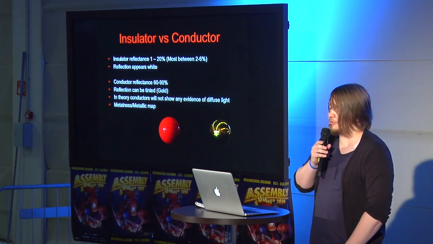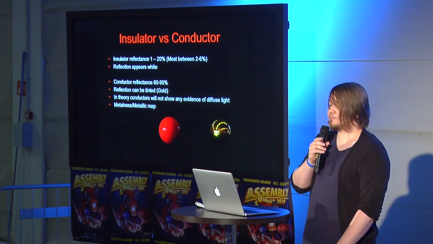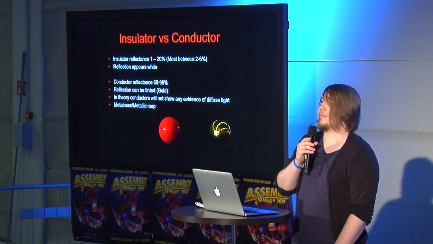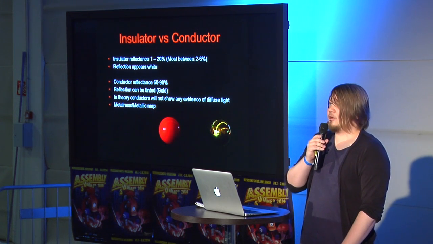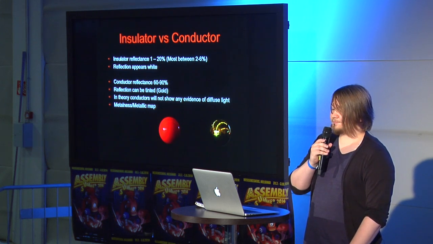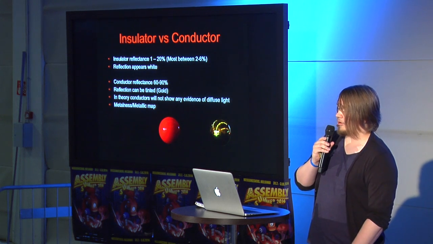And this is because either the material is too dense for the light to enter the object, or all the light has already been absorbed or reflected back. And knowing this basic categorizing into these two groups brings us a new texture map called the metalness or metallic map, which in its basic form is a mask that defines whether the material is an insulator or a conductor. And as you can see in my example spheres there, there's the plastic ball and a golden ball, or sphere.